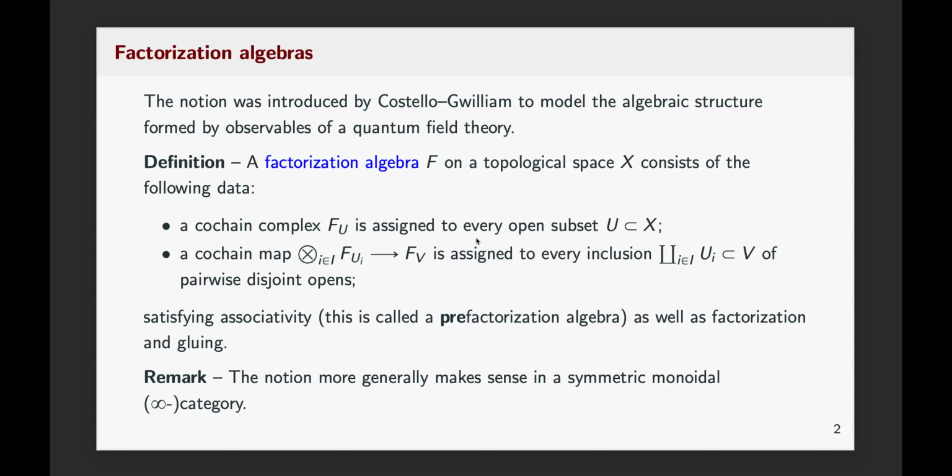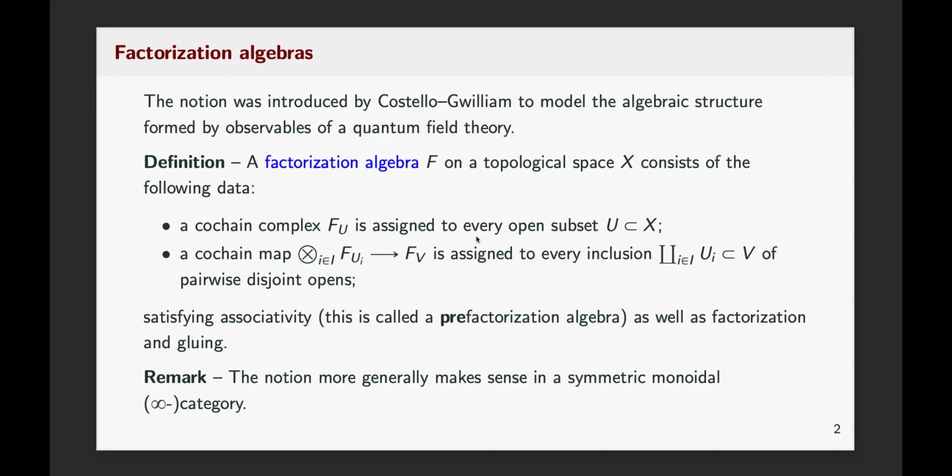I'll be using cochain complexes, but actually you can work in any symmetric monoidal category. So that will be just an object associated to every open subset. Then for every inclusion of a finite set of pairwise disjoint open subsets in a bigger open subset, you associate a factorizing map.